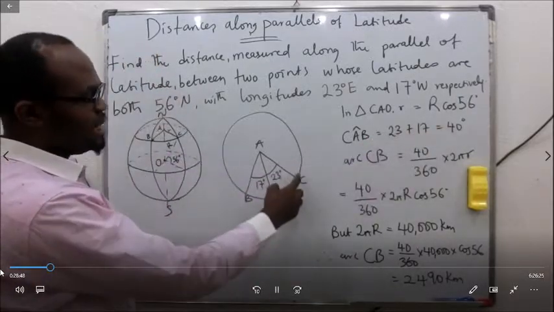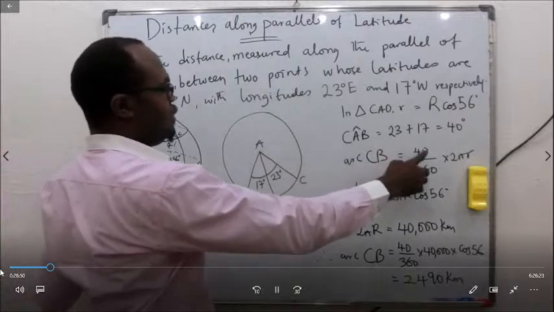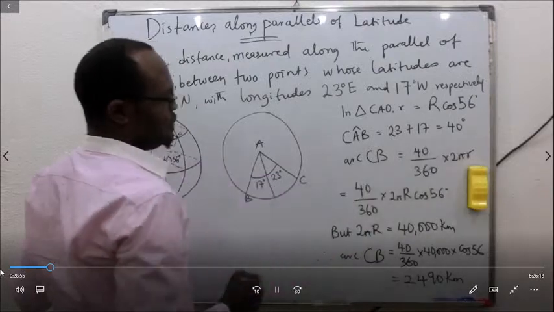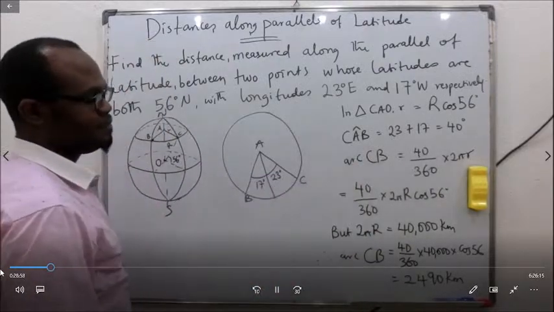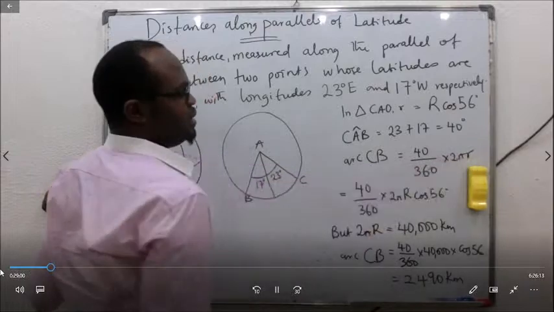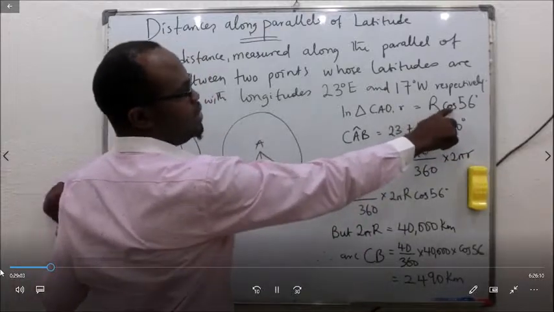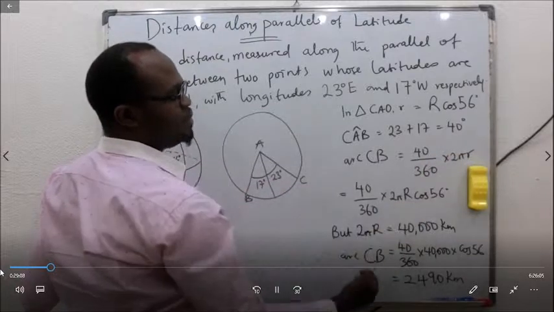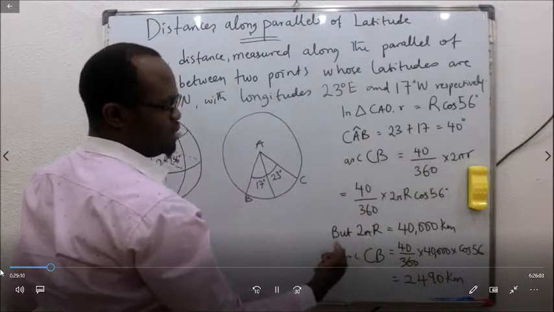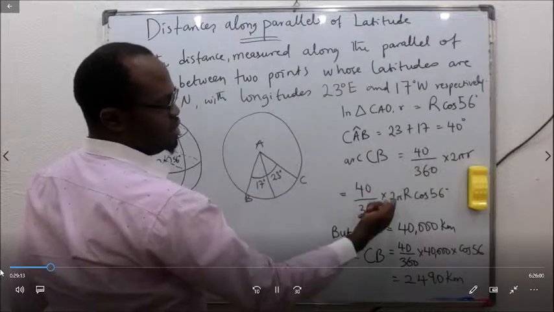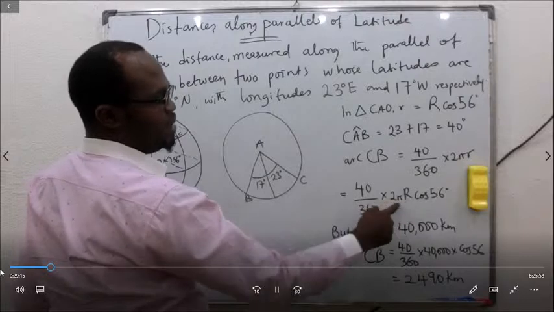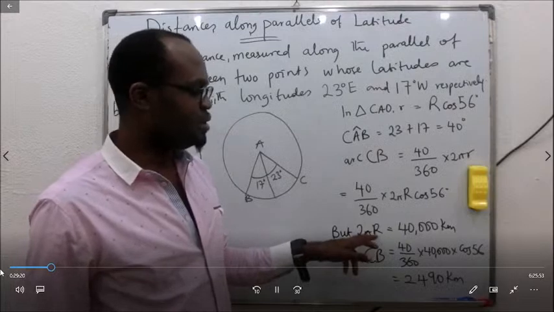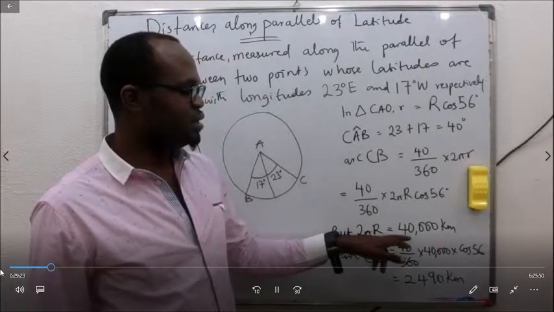So the arc CB will be equal to 40 over 360 times 2 pi r. That is the formula for an arc. But this small r is actually equal to R cos 56. So in place of small r, you put R cos 56, in the same formula of the arc, so that you can solve that. You know that 2 pi R is the same as saying 2 times 22 over 7 times 6,400 to give us this 40,000.